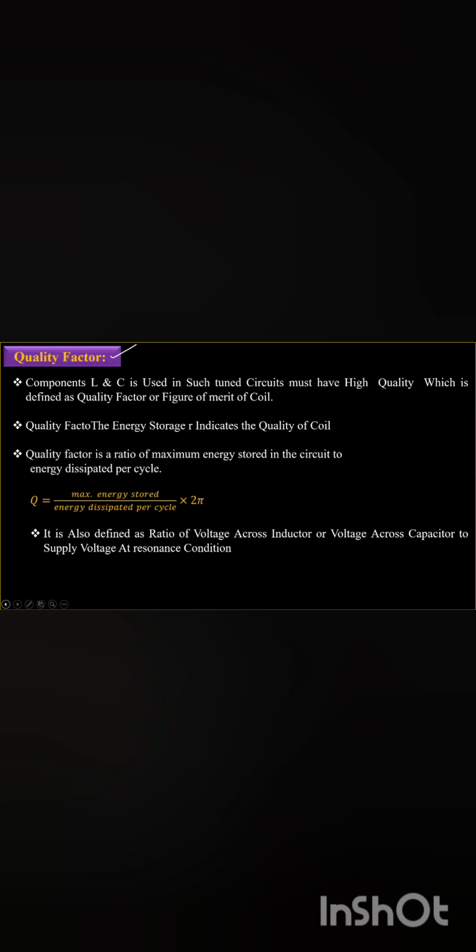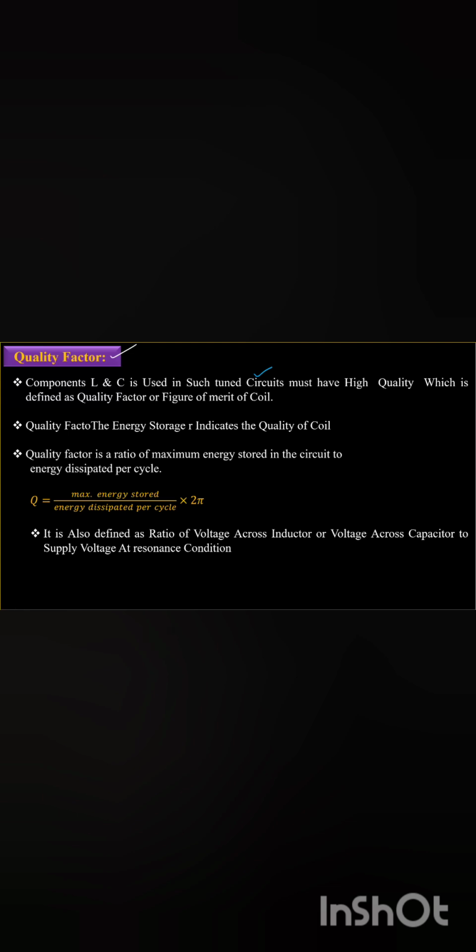The components L and C used in the tuned circuits must have high quality. Whatever L and C coils we are using, how much quality is there? Is it high quality coils or low quality coils? Is it a high figure of merit or low figure of merit? That is defined by the quality factor.